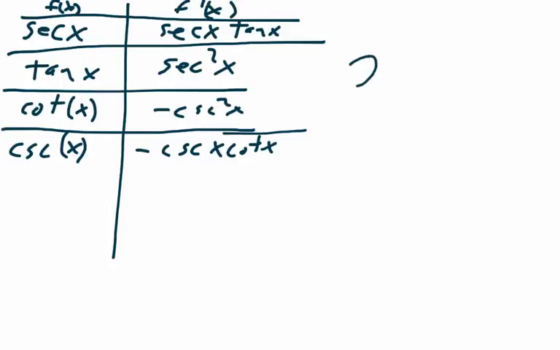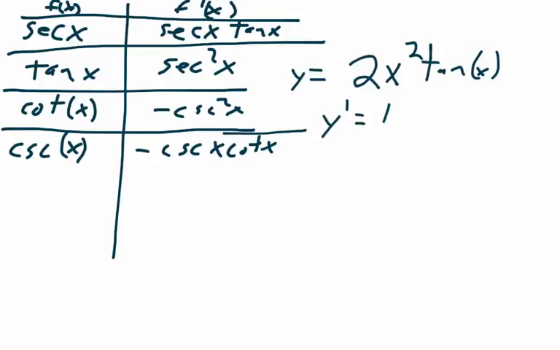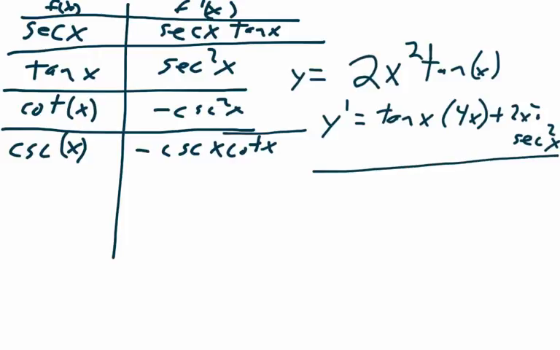So if I want to do a derivative of 2x squared tangent x, then the derivative would be tan x times 4x plus 2x squared times, I might not be getting the order exactly the way I have in the formula, 2x squared times secant squared x.